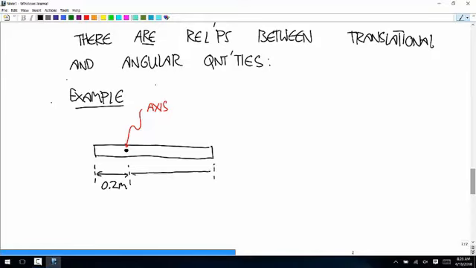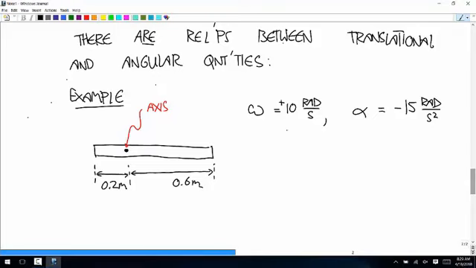And from the axis to the other end is 0.6 meters. And let's say that this body has an angular velocity of 10 radians per second, and an angular acceleration in the other direction of 15 radians per second squared.